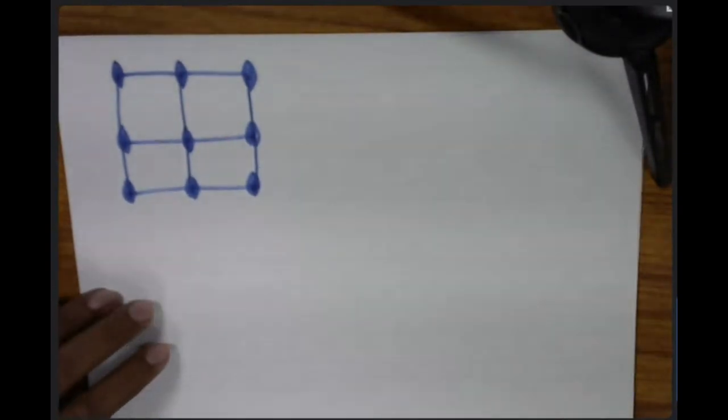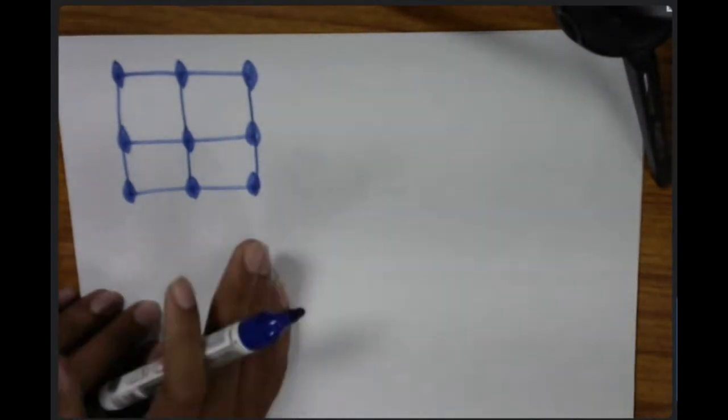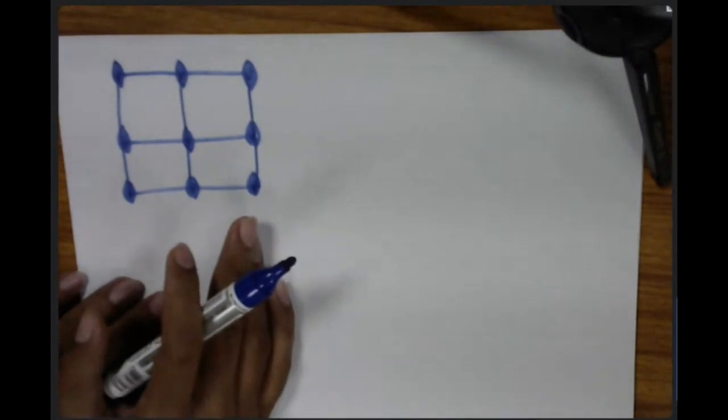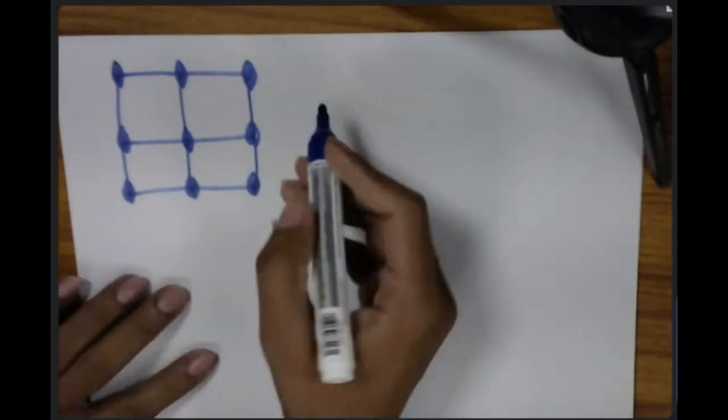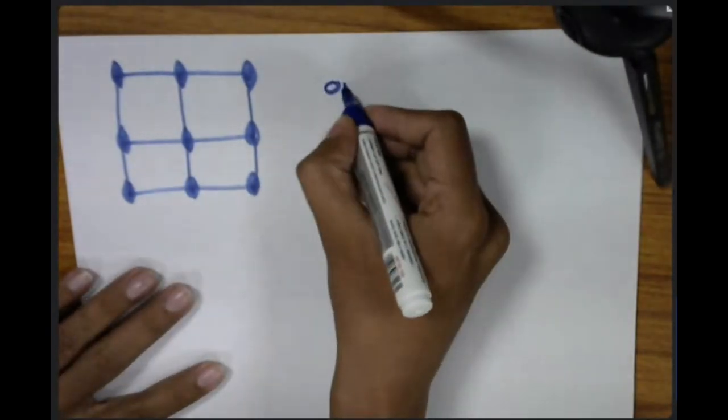Okay, so now let's get started. So first of all, what is the site symmetry of the origin, where the origin is lying? Okay, we need to write the origin.